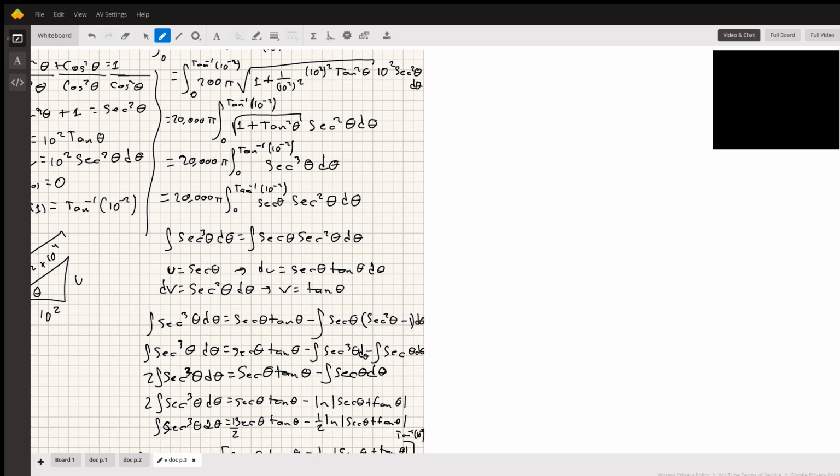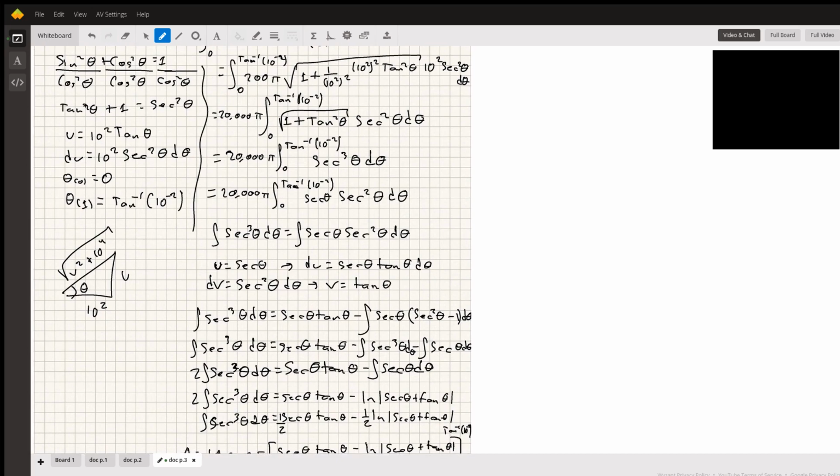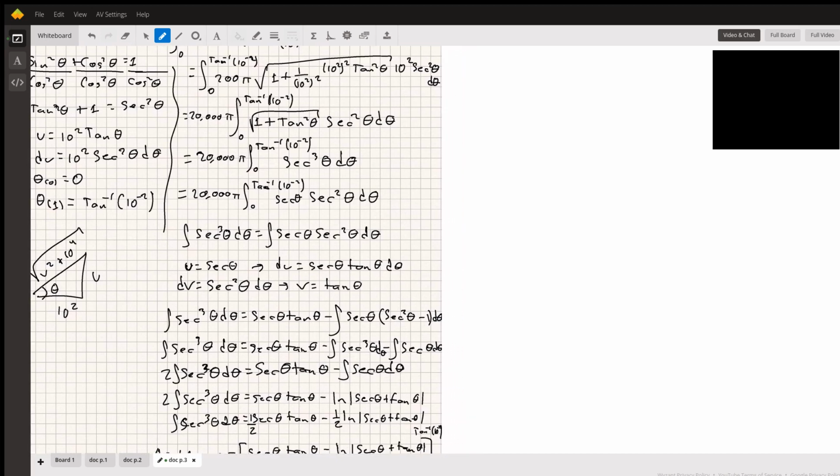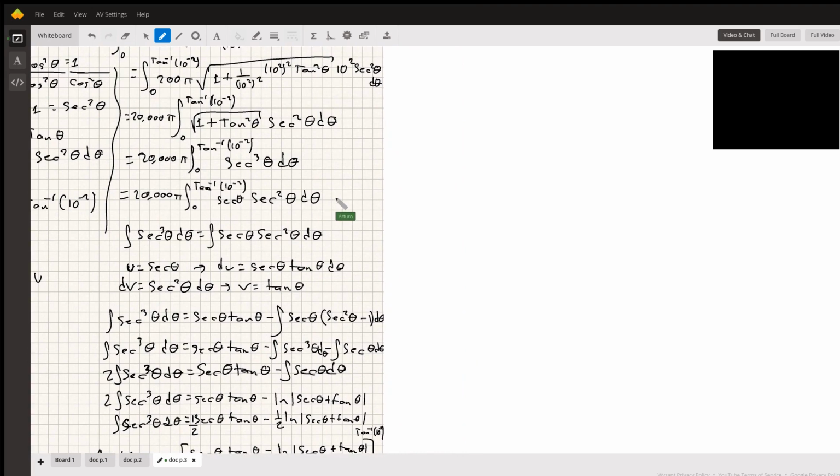Then I did the substitution u equals 10 squared tangent theta, which simplifies everything to 20,000 pi, going from 0 to tangent inverse of 10 to the negative 2. By the way, I calculated all these limits independently again, changing the limits of integration every time you change the variable, and it reduces to secant cube theta.